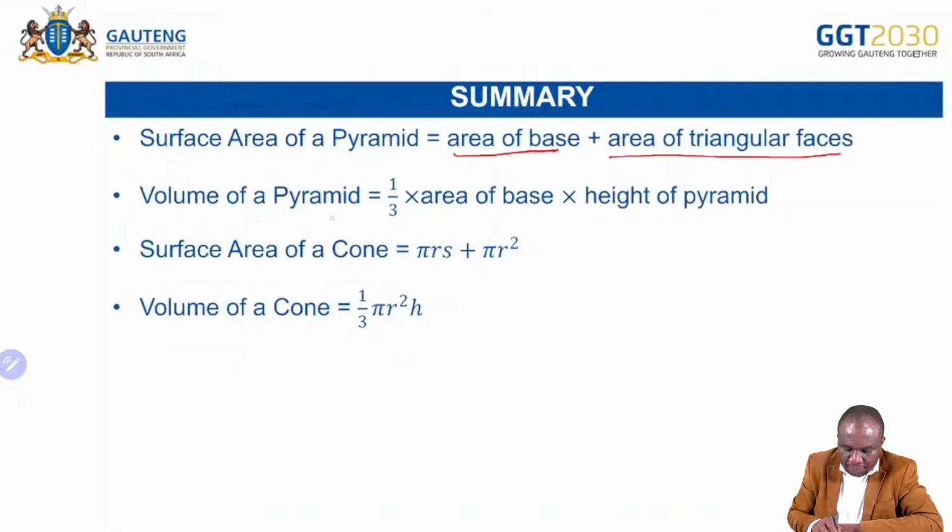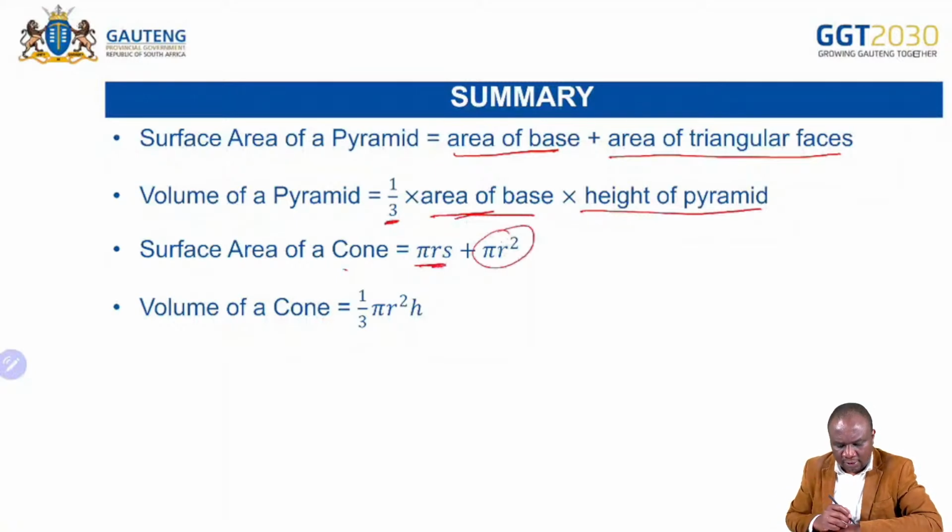The volume of a pyramid is 1/3 the area of the base times the height of the pyramid. Then the surface area of a cone is pi r s, which is the sector, plus the area of the circle. The volume of a cone is 1/3 pi r squared times the height of the cone.